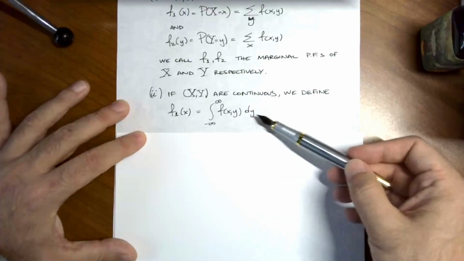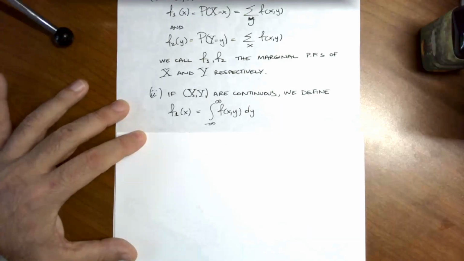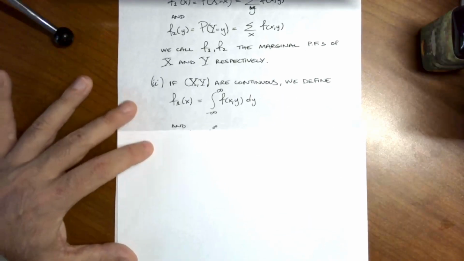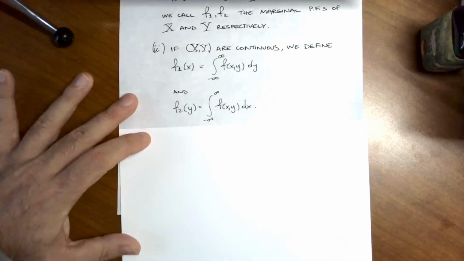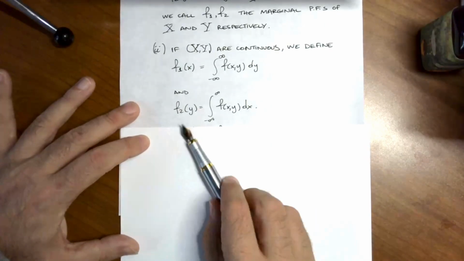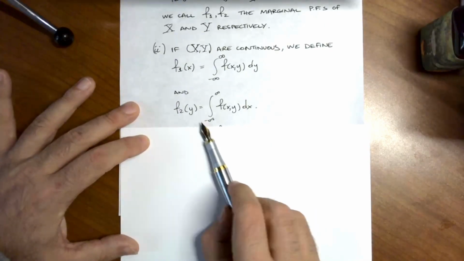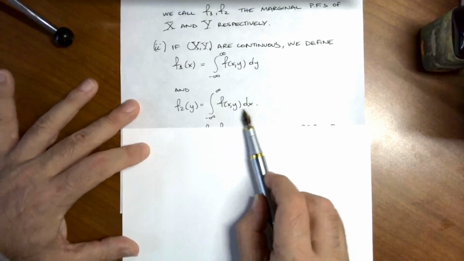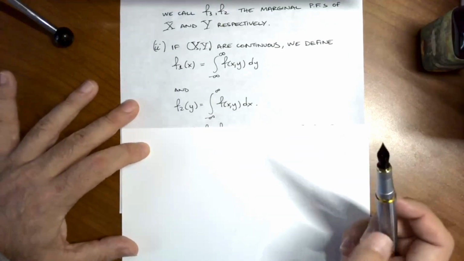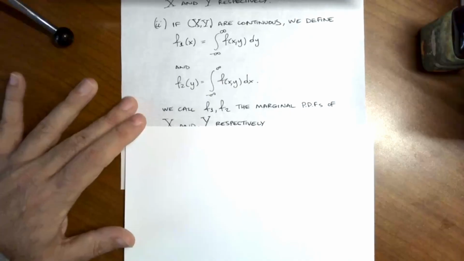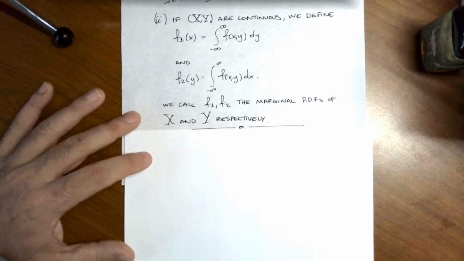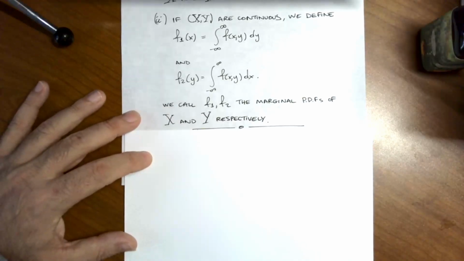If you take the integral with respect to y, you're essentially integrating y out of this expression. And similarly for the marginal of y, you're going to be integrating x out of this functional form. We're going to simply call f subscript 1 and f subscript 2 the marginal PDFs of x and y respectively.